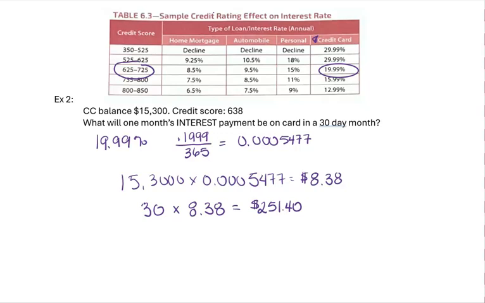In addition to whatever minimum payment he has to make that month, an extra $251.40. And if he only makes the minimum payment, then he's going to just basically keep accruing more and more interest, and he's going to have a very difficult time paying this off.